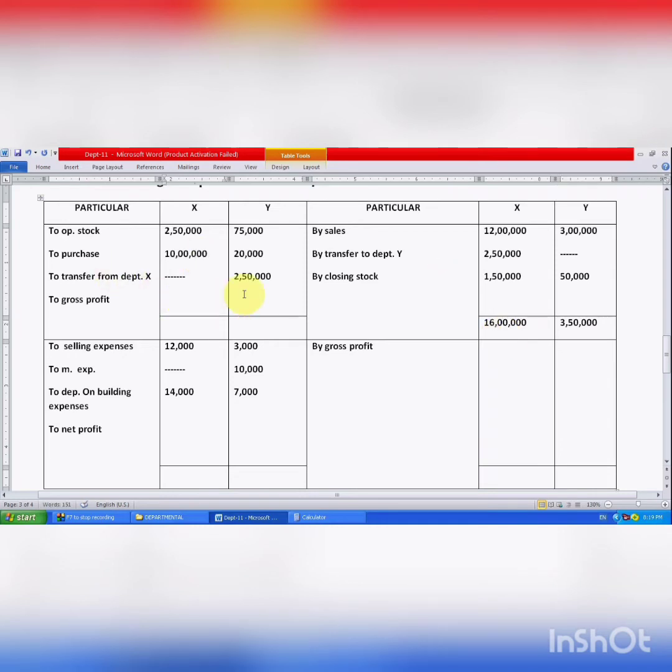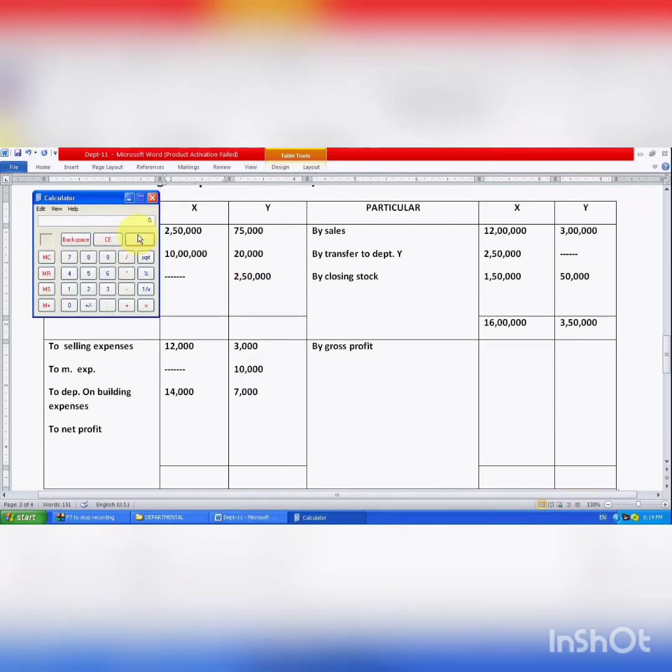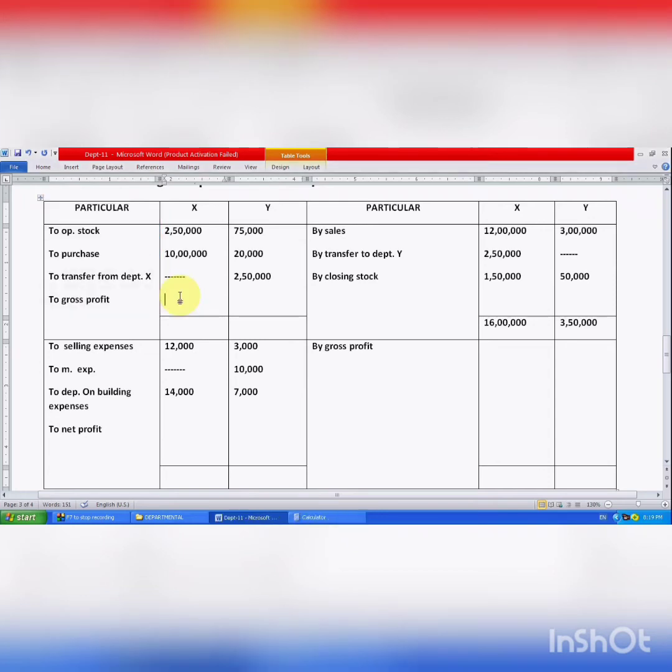Okay, now gross profits. First, from these 16 lakhs minus 2 lakh 50,000. From X department deduct debit side 2 lakh 50,000 minus 10 lakhs. Overall 3 lakh 50,000 will be remaining gross profit.